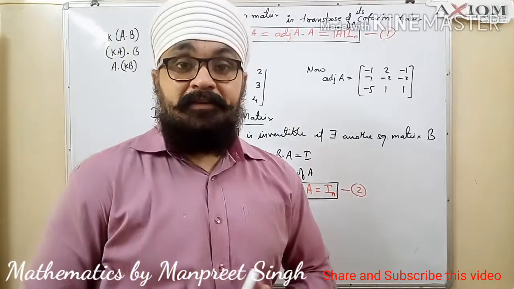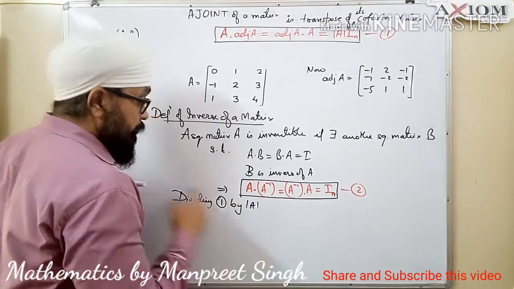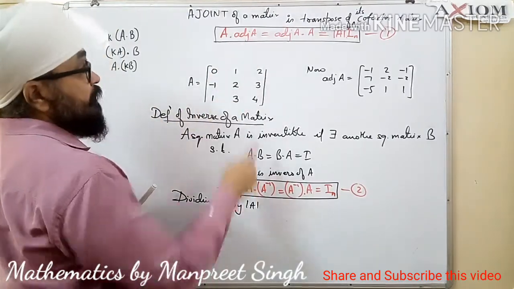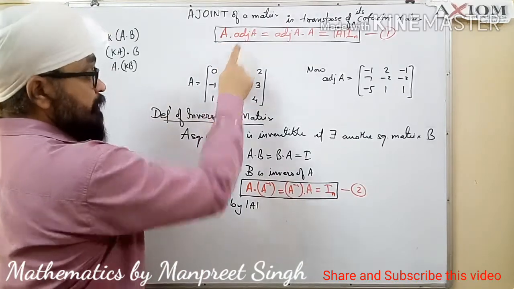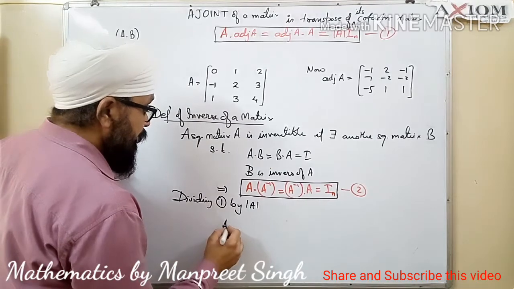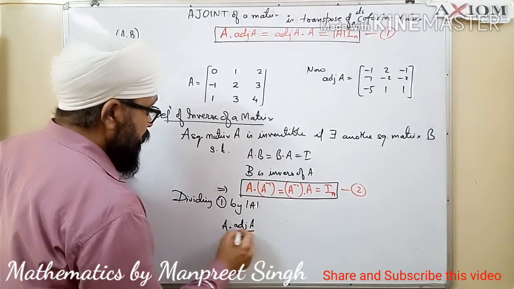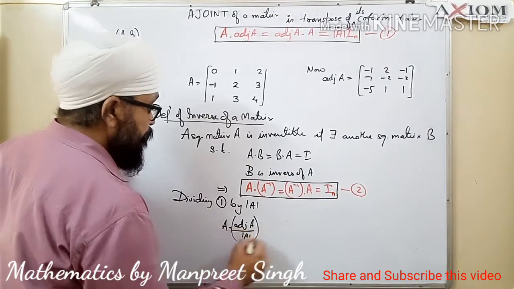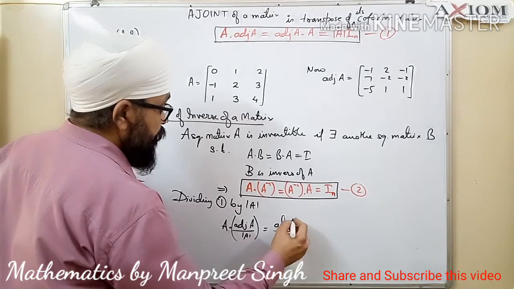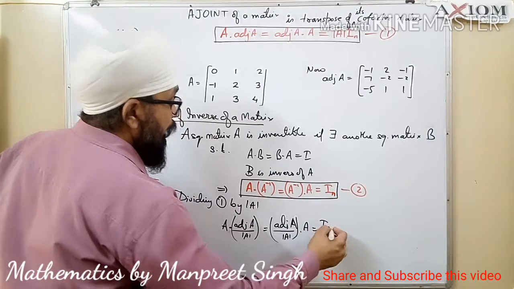If both of them are having K, there should be K squared outside. So if I am dividing with this one, this scalar quantity should be either with A or with adjoint. Since I want to have this A here, I'll be writing this one as A into adjoint of A divided by determinant of A, or adjoint of A divided by determinant of A into A is equal to In.